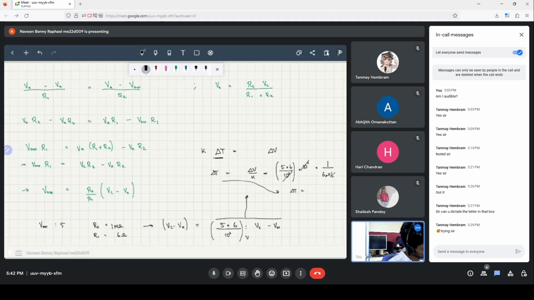The 10 power 6 cancels, the 6 and 6 cancel. The temperature difference is 5 degrees Celsius.